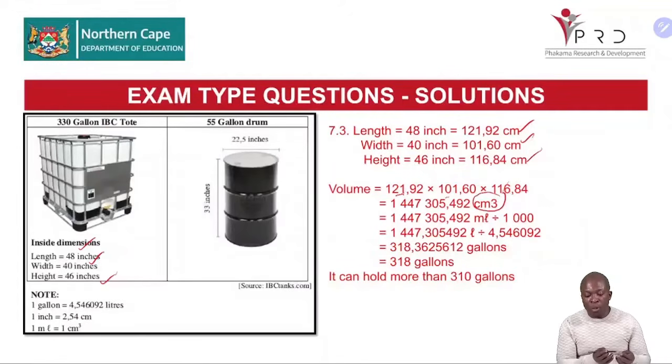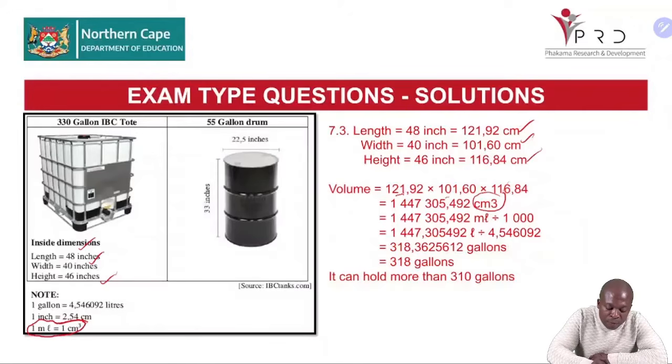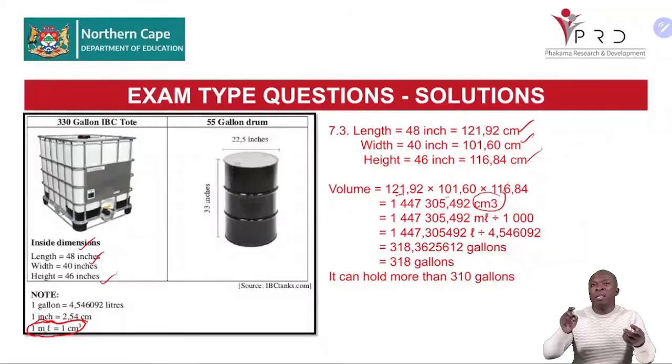So what we do now, we are now changing. Look at here. If you look at the last conversion factor, you will see that every 1 centimeter cubed is the same as 1 milliliter, meaning the only thing that changes is the unit. Okay, so that same 1,447,305.492 centimeters cubed is now 1,447,305.492 milliliters.